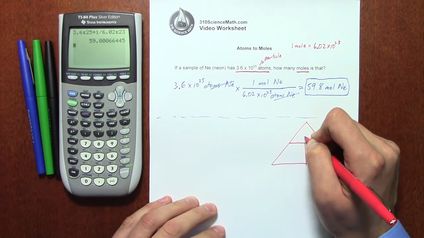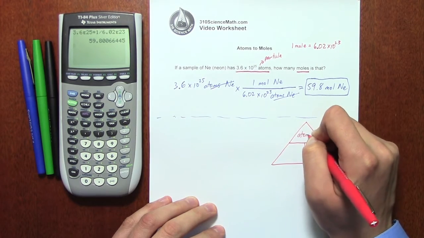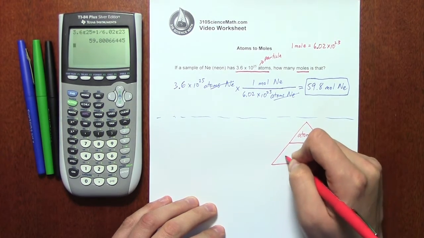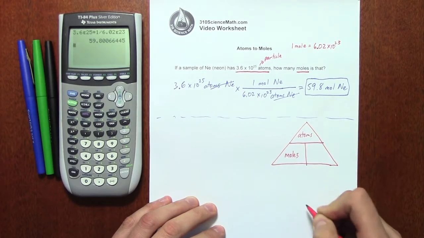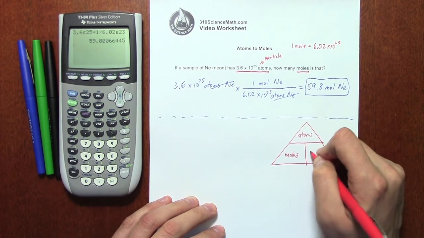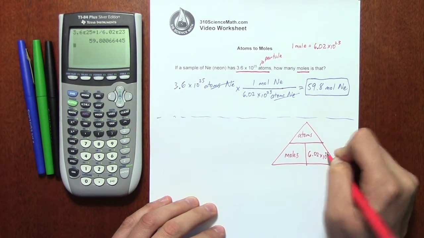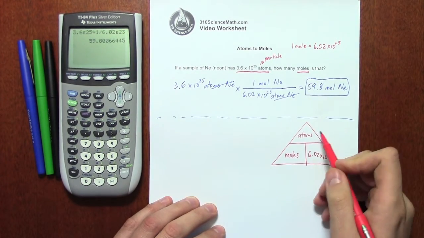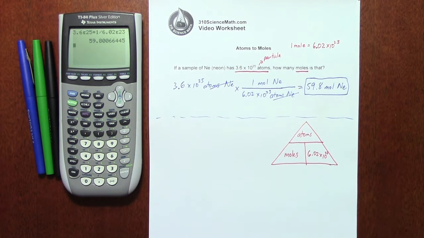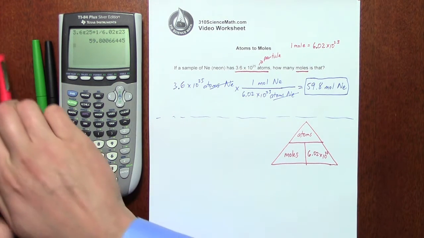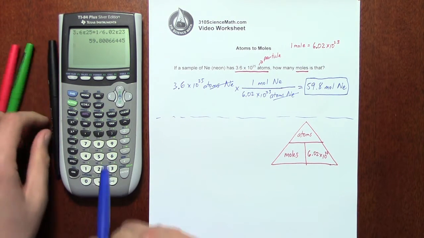So I'm going to write atoms up here. I'm going to put moles over here. And I'm going to put Avogadro's number in here, which is 6.02 times 10 to the 23rd. So this is the kind of triangle that we're going to use for solving this problem another way.